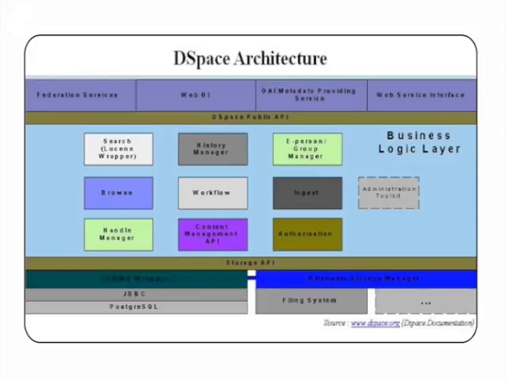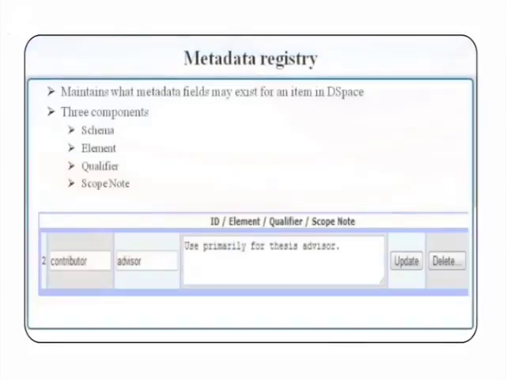The bottom layer, the storage API, has two major components. One is the Relational Database Management System wrapper, which connects to an RDBMS like Postgres or Oracle through Java Database Connectivity, and the Bitstream Storage Manager, which directly interacts with the file system to store bitstreams.